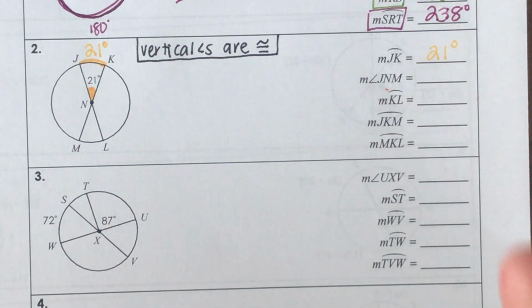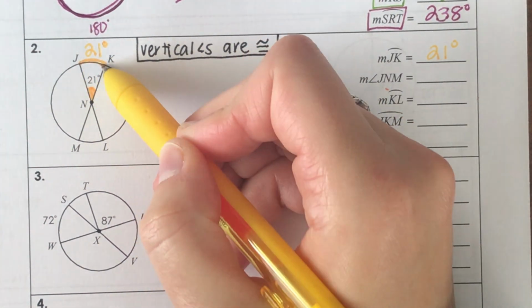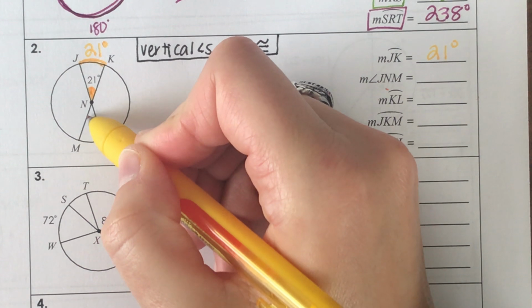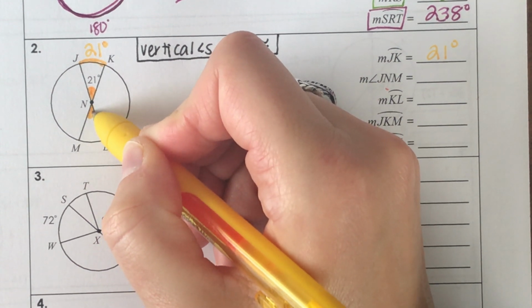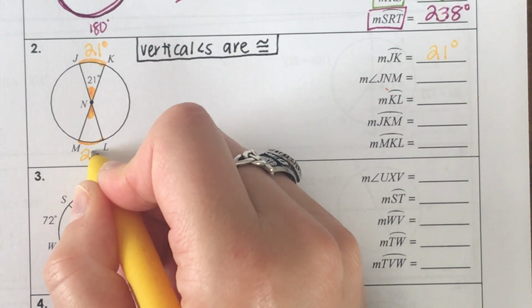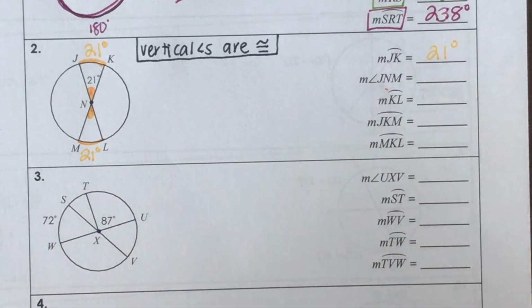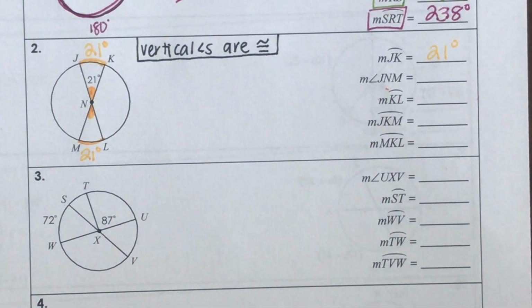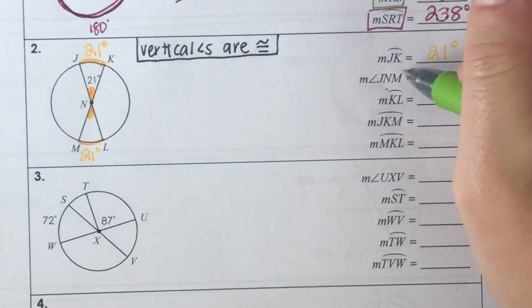So if this arc is 21 degrees and this angle is 21 degrees, well, guess what? That means this angle is 21 and this arc is also 21 degrees. Okay. The next number it asks me for is, it says find the measure of angle JNM.